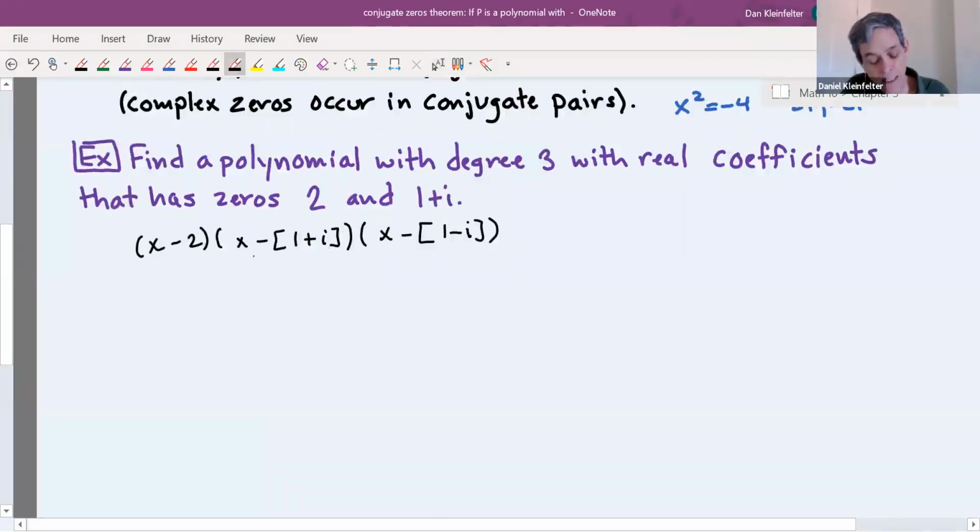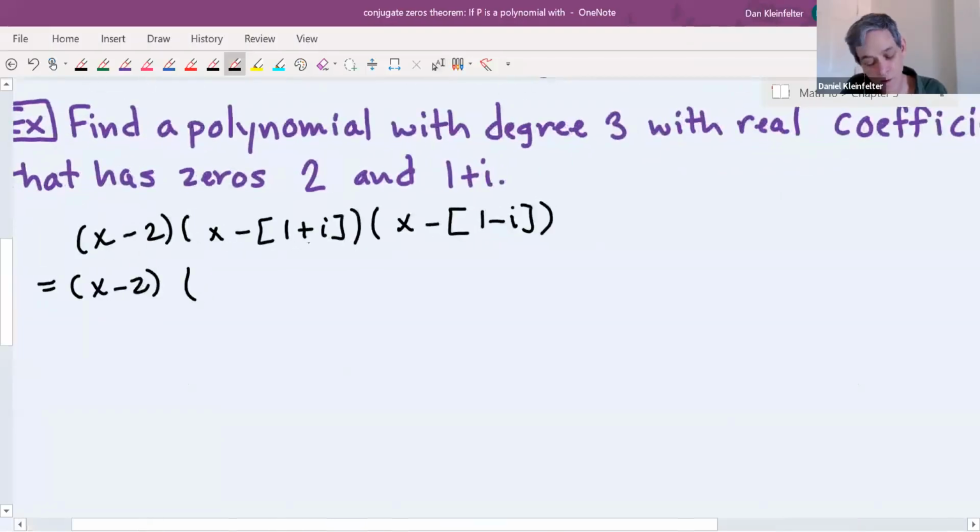Okay, so I'm going to rewrite this a little bit just to make our multiplication a little bit easier. First I'm going to distribute the negative that you're seeing in here. So we'll have x minus 1 minus i and x minus 1 plus i.